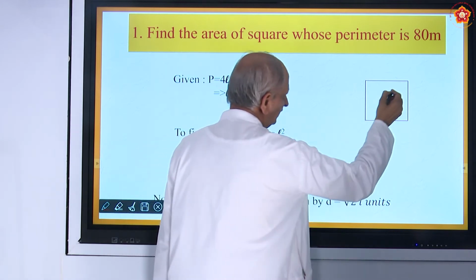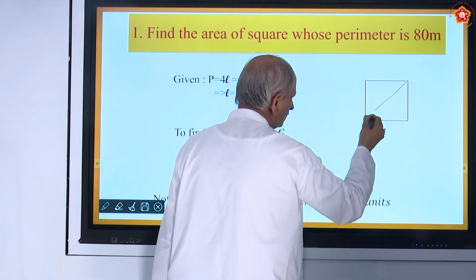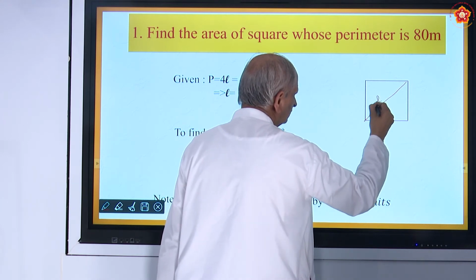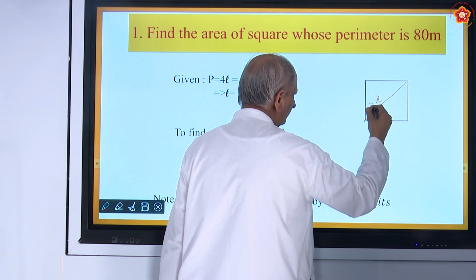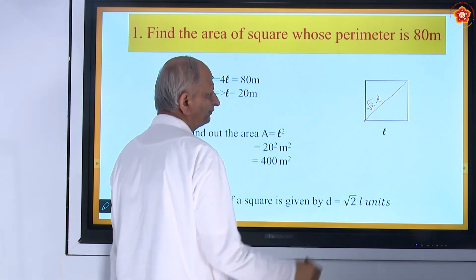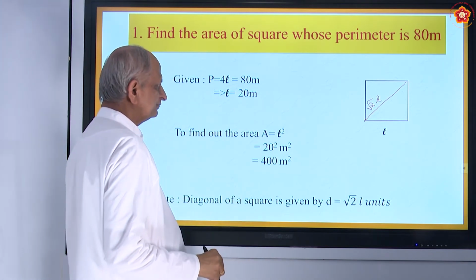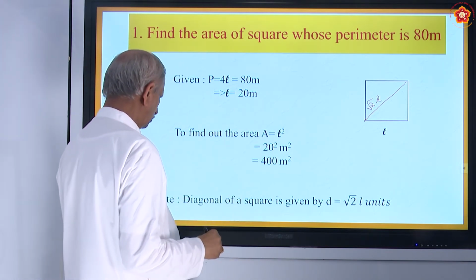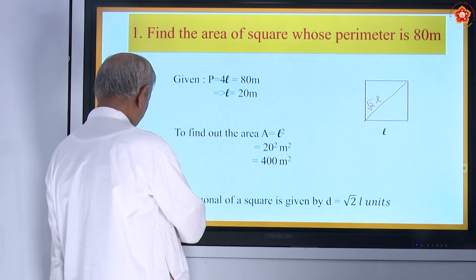Diagonal is nothing but the line joining the opposite corners. So that is given by the formula root 2 L. Suppose in a problem you are asked to find the diagonal, then write root 2 L and apply it to get the answer. Okay.